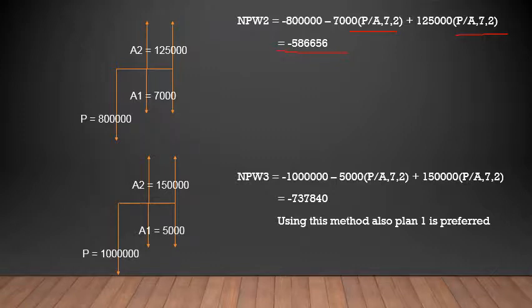Remember, I am not getting the discounted value, I am outrightly deleting them from my calculation, and thereby I complete the cash flow diagram and complete my calculations. This is how a study period method is done.